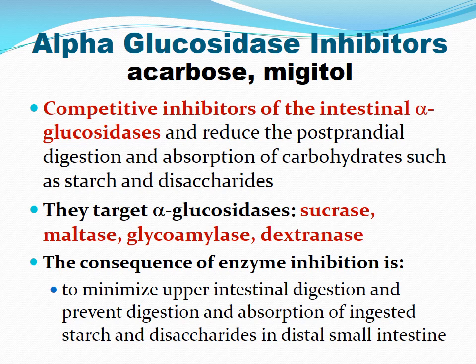The consequence of alpha-glucosidase inhibition is to minimize upper intestinal digestion and prevent digestion and absorption of ingested starch and disaccharides in the distal small intestine.